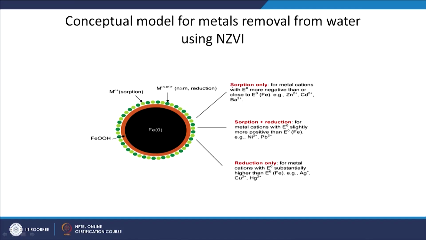So, three cases we are going to look at here: sorption only, sorption and reduction, and reduction only, right. So, again as I mentioned here, iron can act as a reducing agent. Iron as in zero valent iron can act as a reducing agent, right. Either it can donate 2 electrons and be oxidized to Fe2 plus, or be further oxidized to Fe3 plus and donate 1 further electron, right.